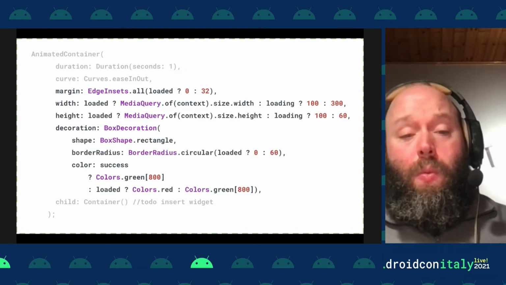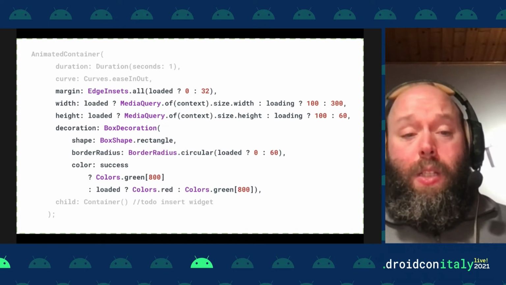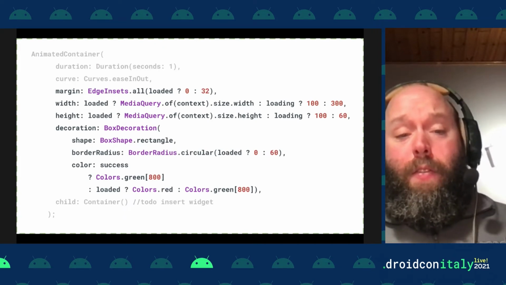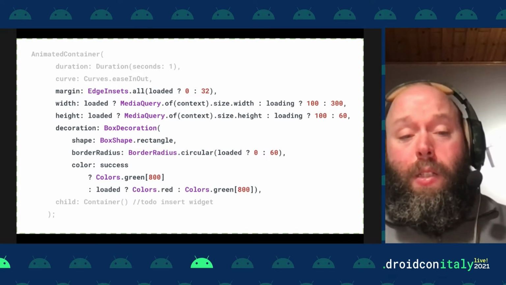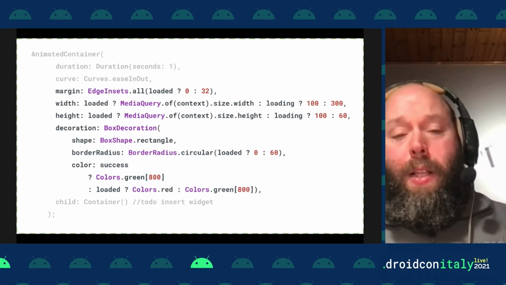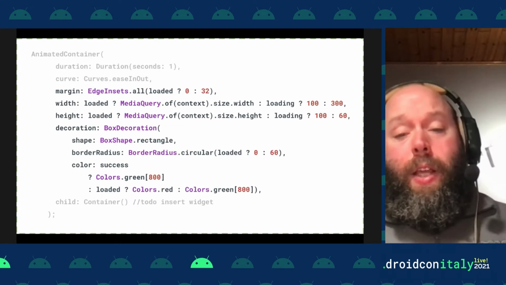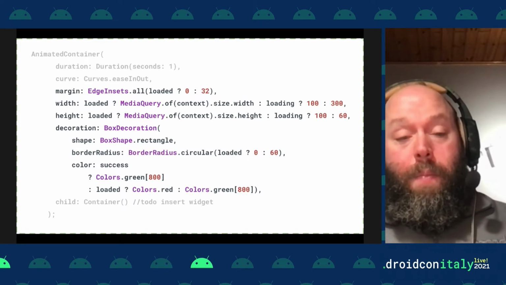Basically, our button will be green if the success is true, or if we don't have the success, we check if we already finished our network call by the loaded parameter, and we will define the color red if we already attempted the login but we didn't have the success, or still green if we still need to try the network call.